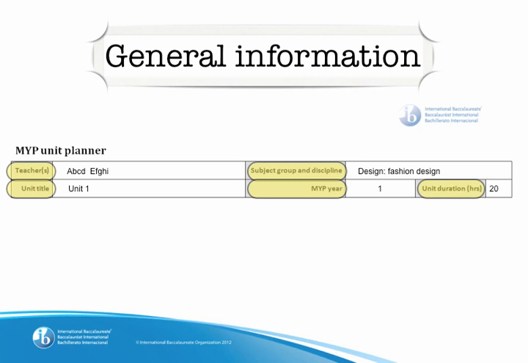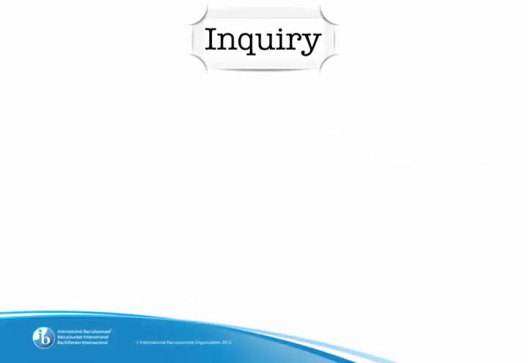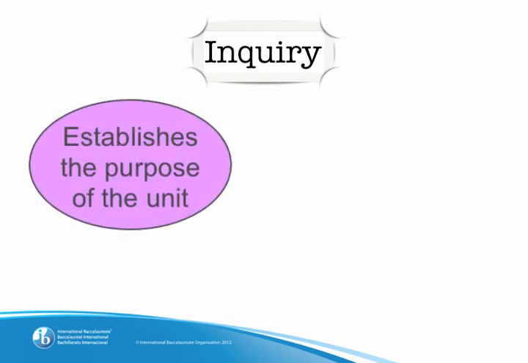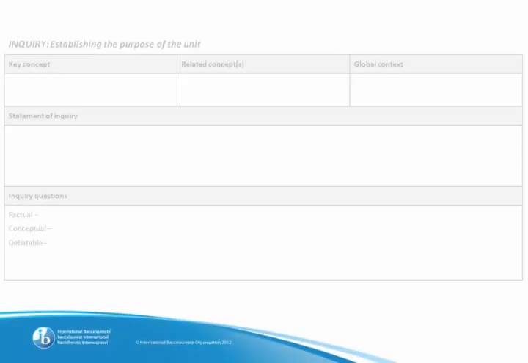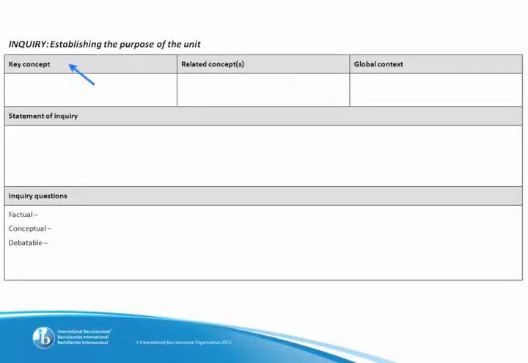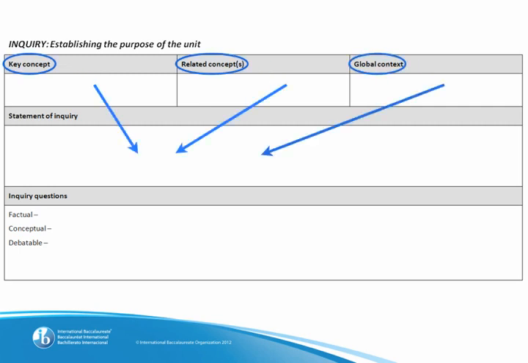The section titled Inquiry establishes the purpose of the unit and ensures alignment with MYP philosophy and requirements. The areas we need to identify are a key concept, one or more related concepts, and a global context. The statement of inquiry is a synthesis of these three elements and is unpacked through the inquiry questions.